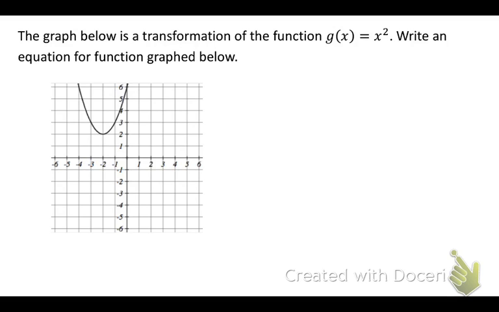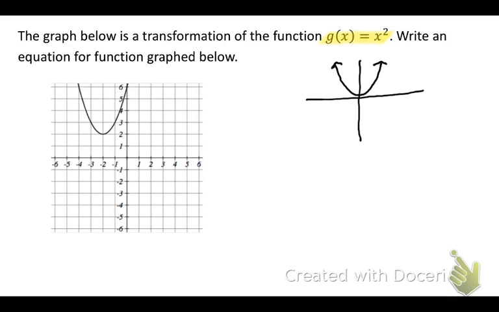Okay. So, if I look at the graph below, and it tells me that it's a transformation of g of x equals x squared. So my parent function is x squared. And hopefully we know that that is a parabola that's centered at the origin. Okay. We want to now use what we know about that parent function to write an equation for the function that's graphed below. Okay.